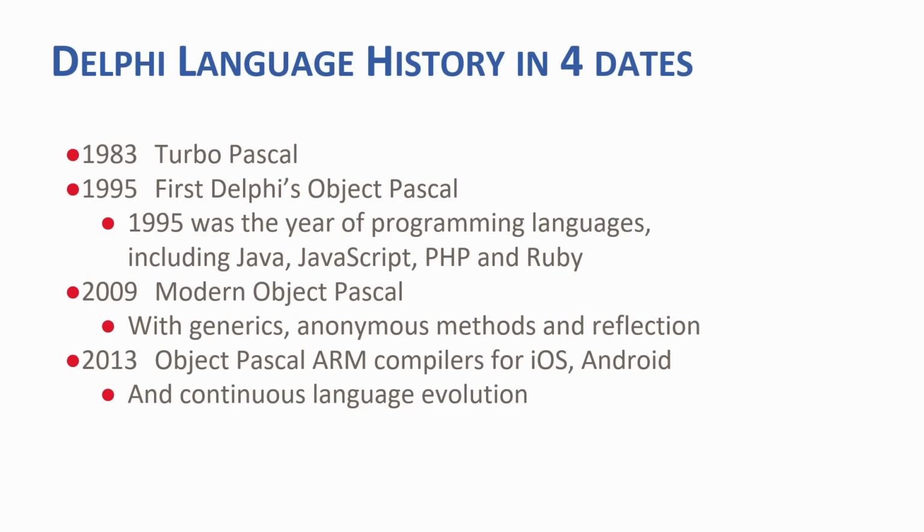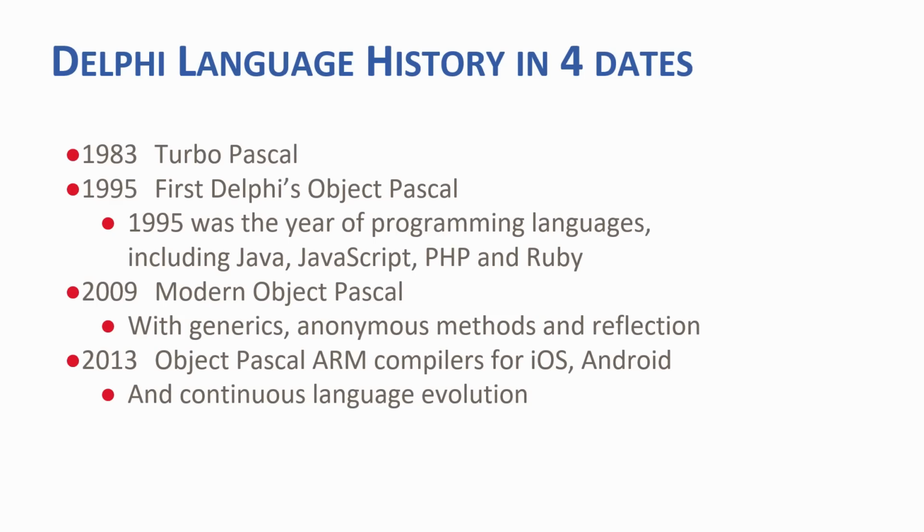So we could spend a lot of time on the history of the language, how we got there, but I'm just jotting down 4 dates. 83 is when Turbo Pascal started. It's kind of the foundation of Pascal as a widespread language. 95 is the year that Delphi as a language was introduced.